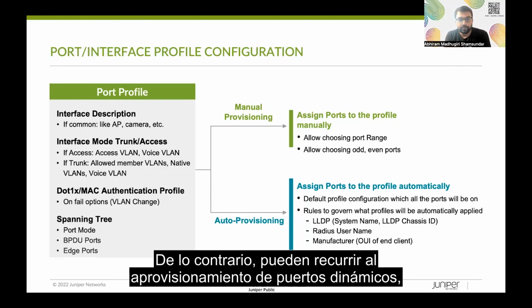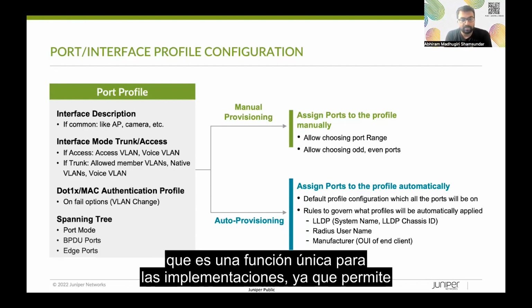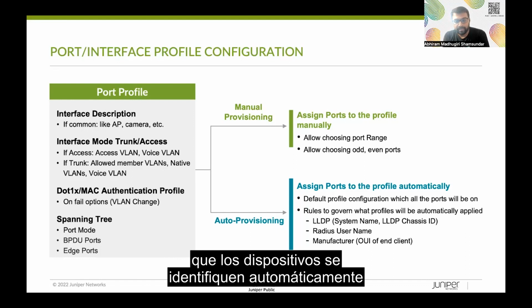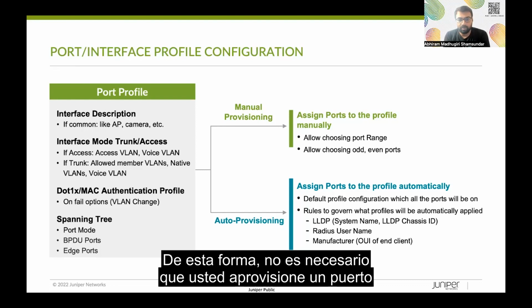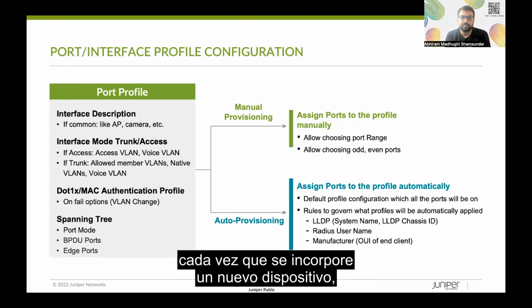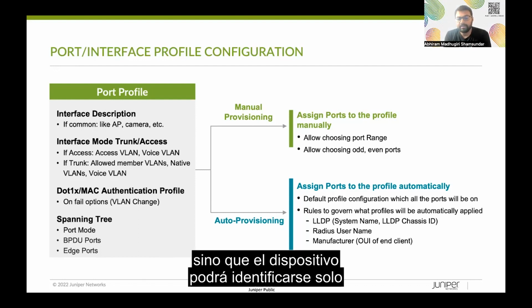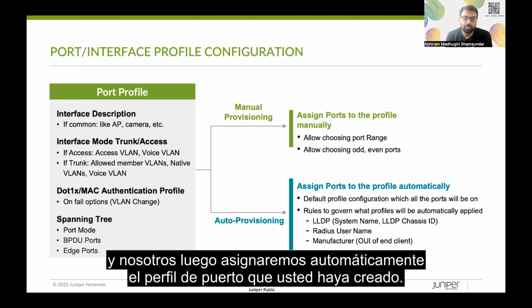Or you could also use dynamic port provision, and that is unique to a deployment from a standpoint of saying a device can automatically identify itself using a set of rules, and you don't need to be in the business of provisioning a port every single time a device comes online. Rather, let the device identify itself, and we can auto assign the port profile that you've already created.